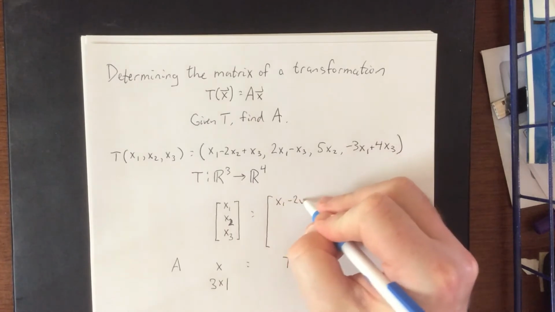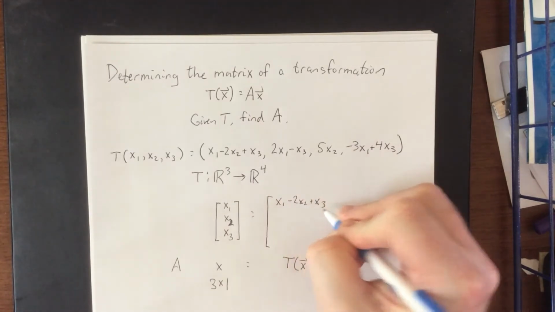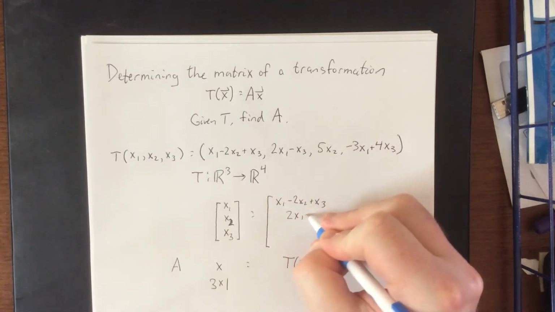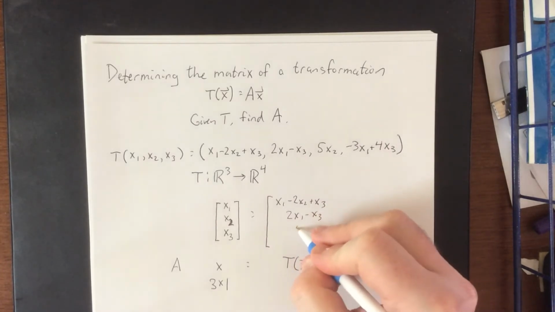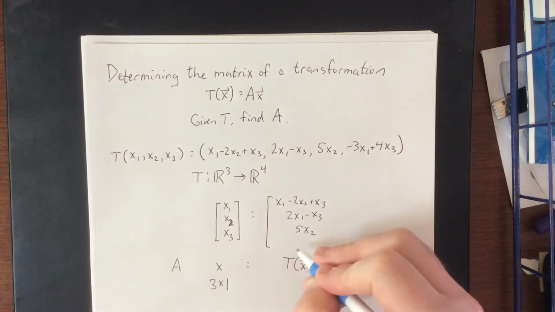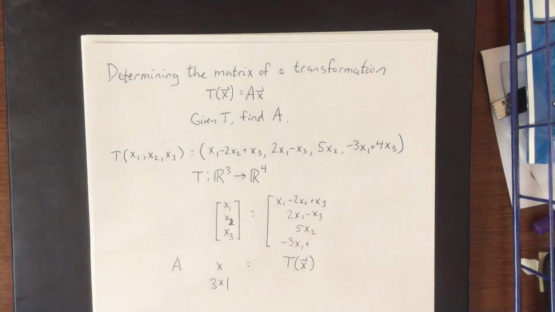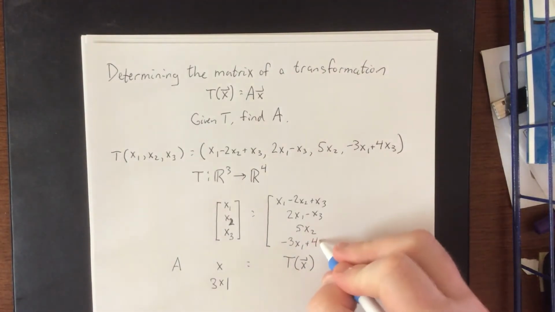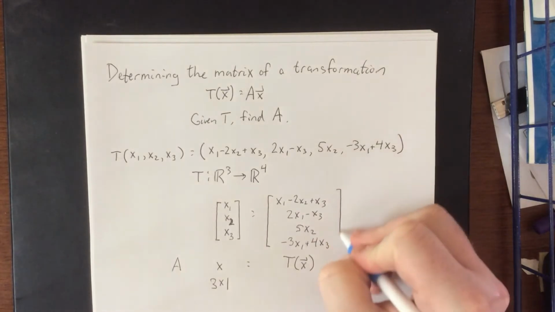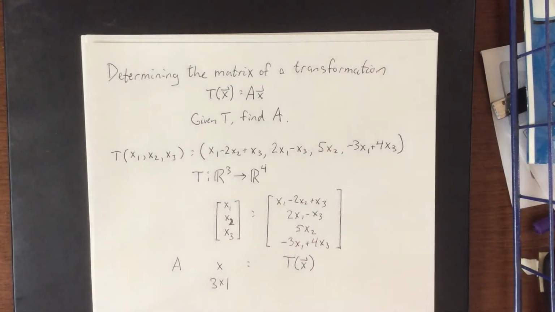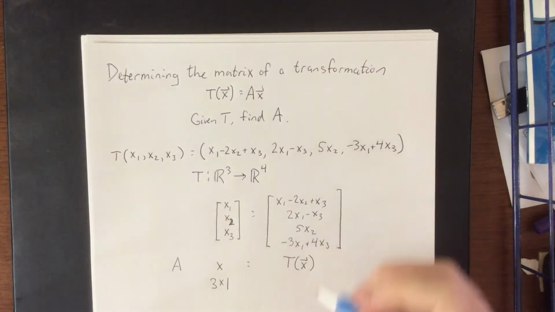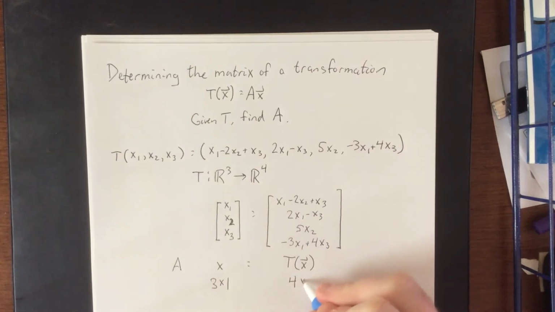So x1 minus 2x2 plus x3, 2x1 minus x3, 5x2. And it is supposed to be equal to this image vector. Now, this would be considered a 4 by 1.